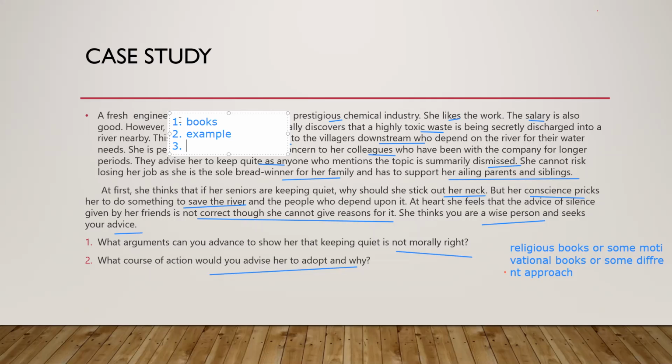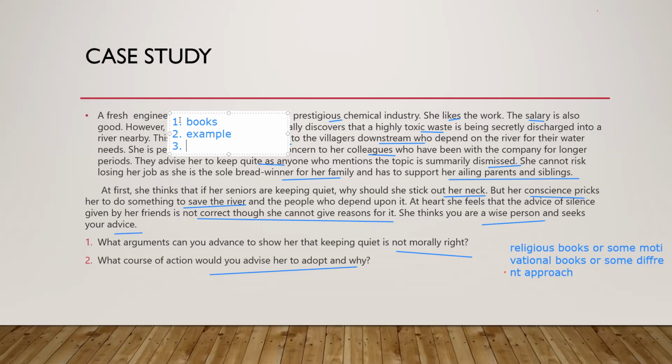Whatever environmental harm that particular industry was causing, the company had to pay compensation, as well as upgrade the technology. Because in today's world, ample technology is available, so that if these toxic industries use such technology, less environmental harm will be there. So you can quote an example.